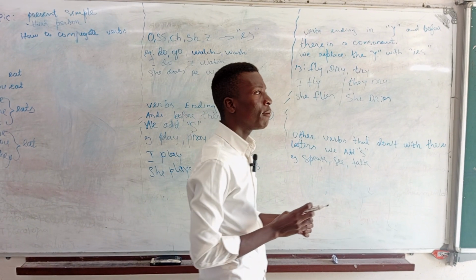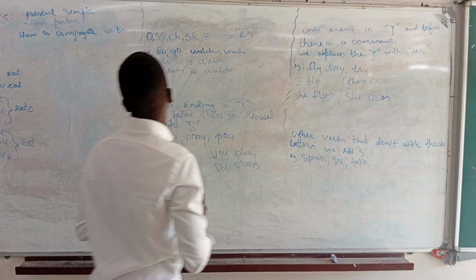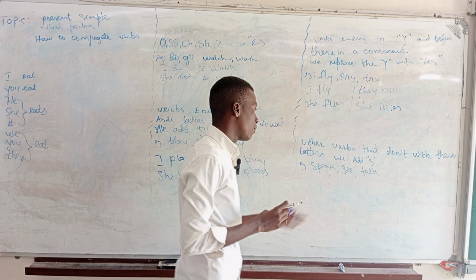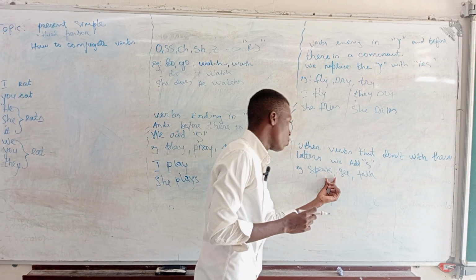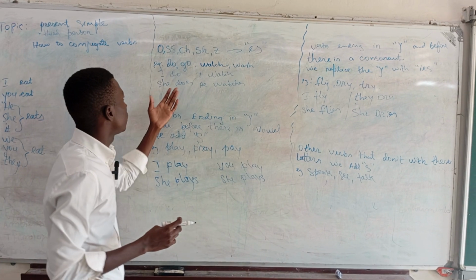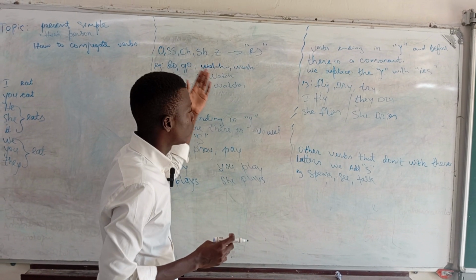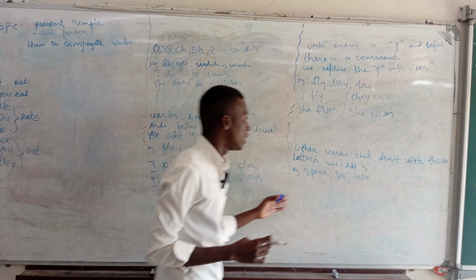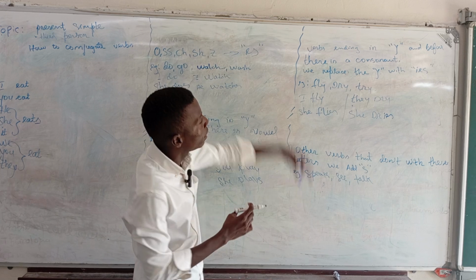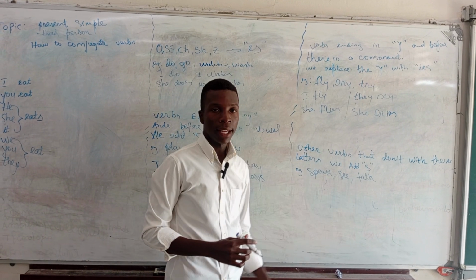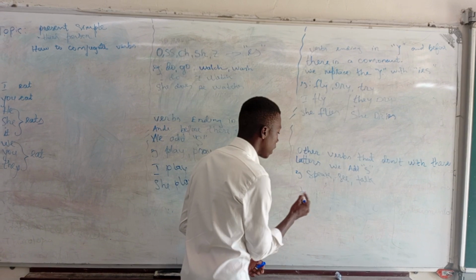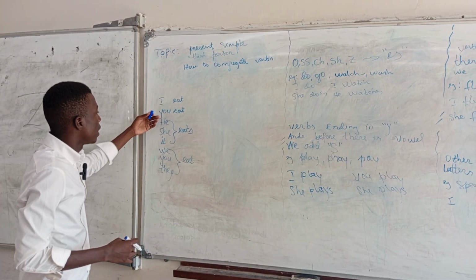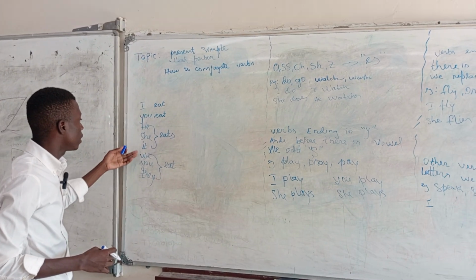But there are some verbs that don't follow even this rule, or that rule. For example, the verb to speak doesn't end with o, ss, ch, sh, z, or even y. When we find verbs like these that don't follow any of these rules, we are going to add just s. For example, the verb to speak. As you could see, we have the verb to eat: I eat, you eat, he eats, she eats, it eats.